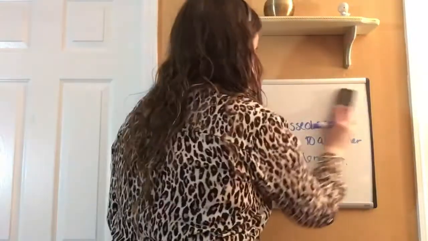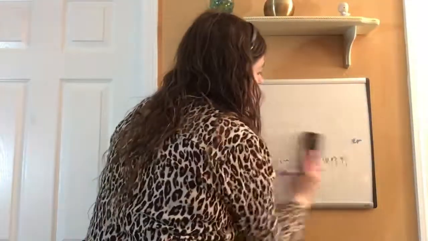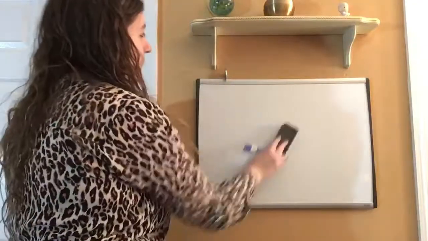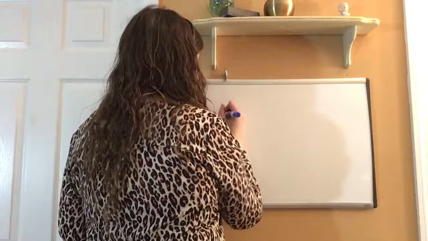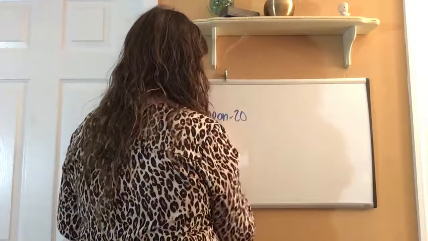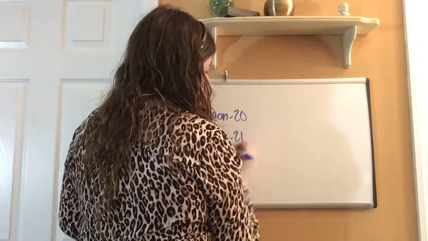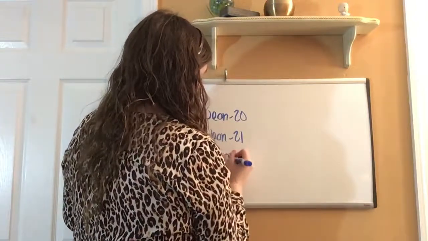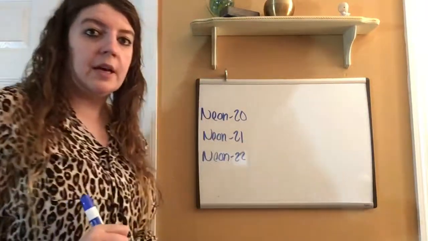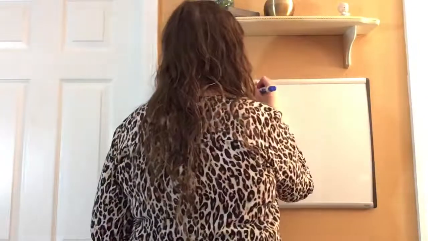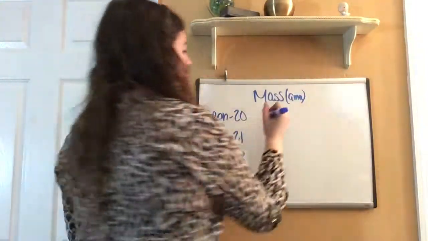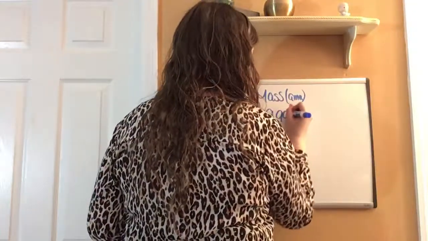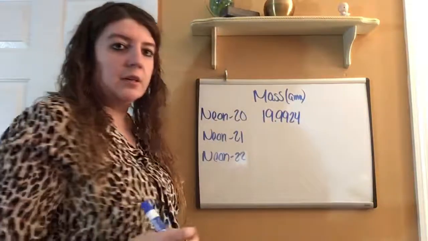So, neon has 3 different isotopes. Okay? And these are 3 different naturally occurring isotopes: neon-20, neon-21, and neon-22. Now, the atomic mass in AMU is going to be 19.9924 for neon-20.